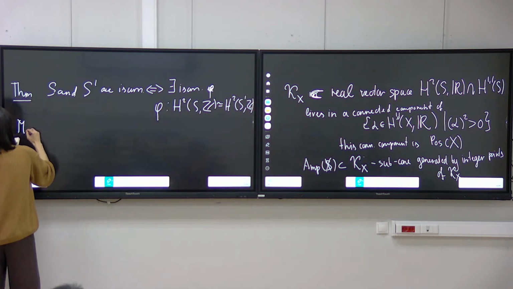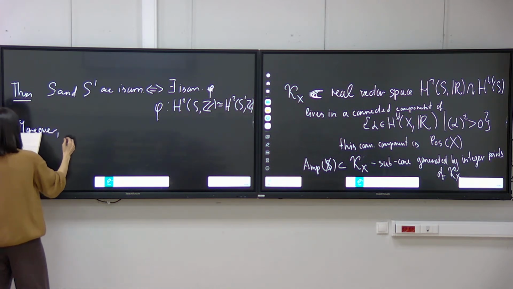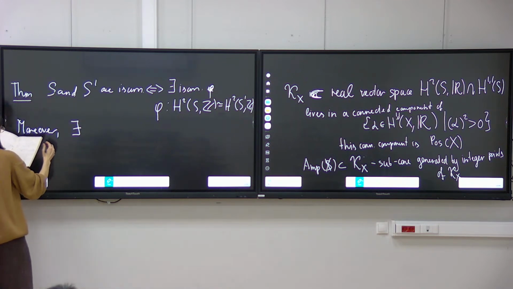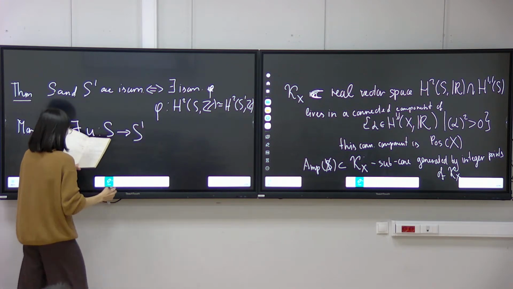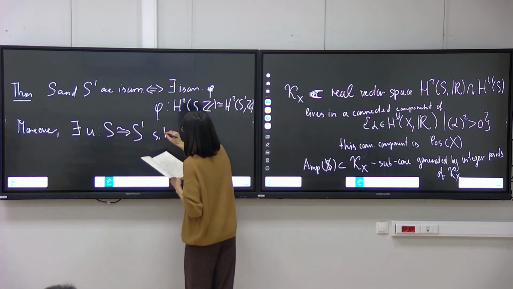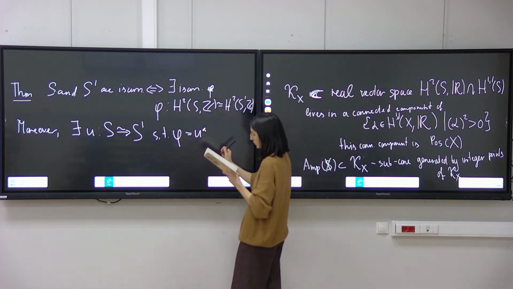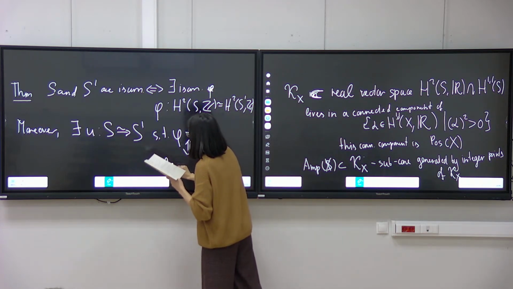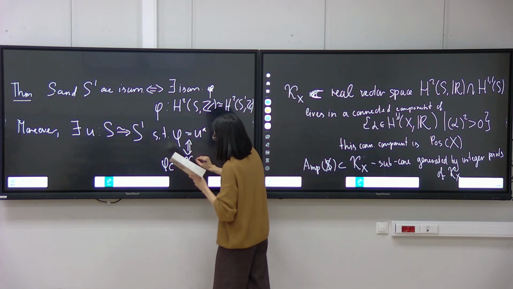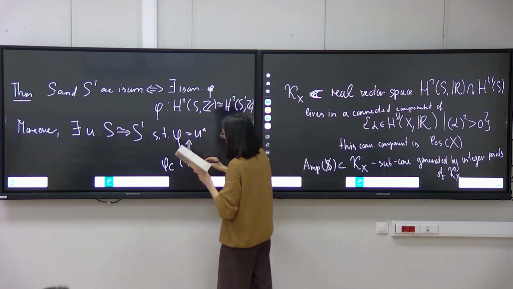And now I explained all this just to formulate this. Moreover, there exists an isomorphism between S and S' such that phi is induced from this isomorphism if and only if the complexification of the corresponding map of Hodge structures maps the Kähler cone.